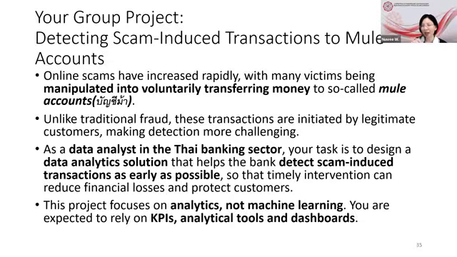It's not the same as fraud before, because these include transferring voluntarily. The person who transfers initiates it themselves, to an account called a mule account. Unlike traditional fraud, these transactions are initiated by legitimate customers, making detection more challenging. It's not like fraud that comes from thieves; it comes from ordinary people who transfer the money in themselves.